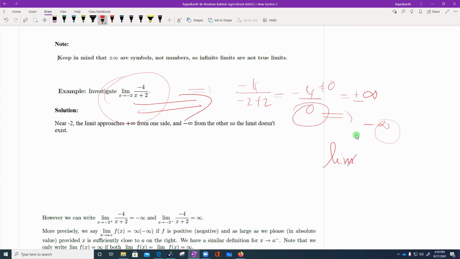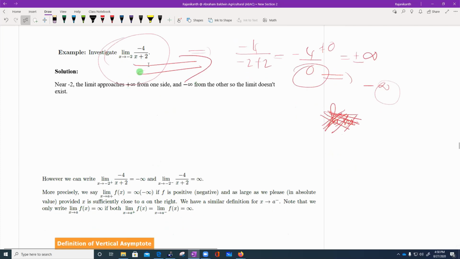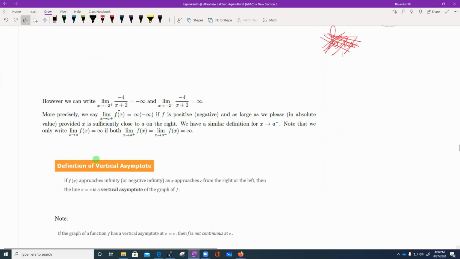I will get to that after doing some exercises. I don't want to confuse you at this point. But technically, if you see the denominator is 0 with the numerator non-zero, then you will always get what? Infinity. Okay. Now, come to this problem.